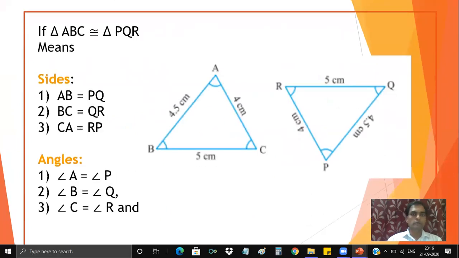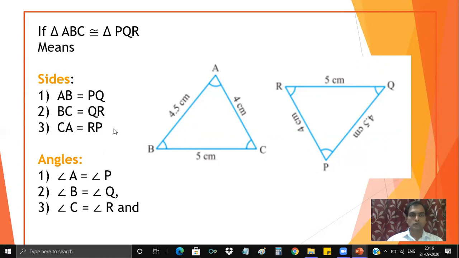Let's study in this slide more details about congruent triangles. Whenever two triangles are congruent, what about their sides, angles and vertices? We will study in detail about two congruent triangles. First is about the sides. AB is equal to PQ, BC equal to QR, and CA equal to RP.